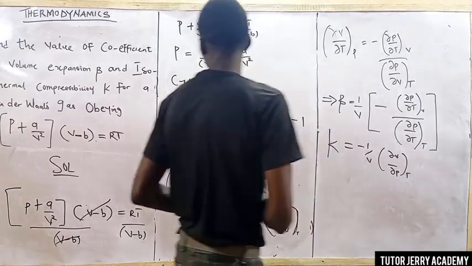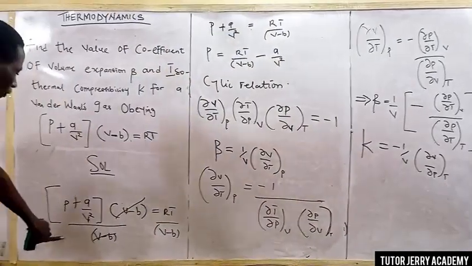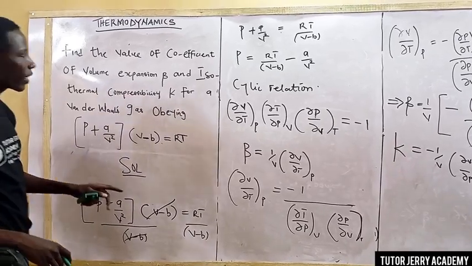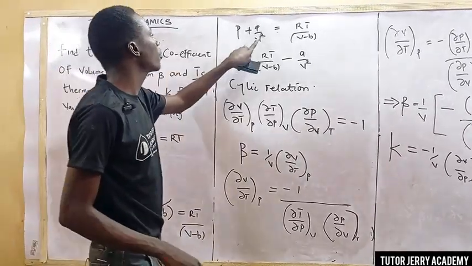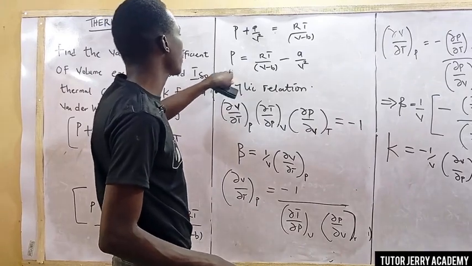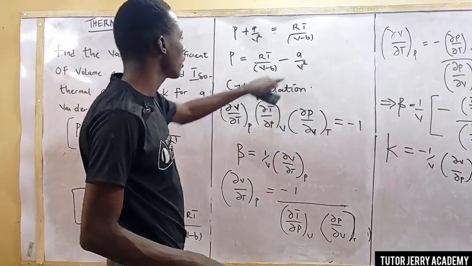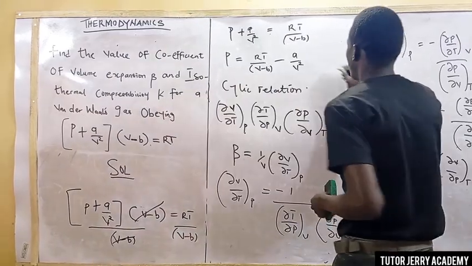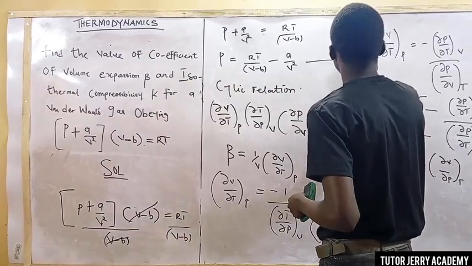Now, from the van der Waals equation, if we differentiate with respect to T, we can call this equation 1.